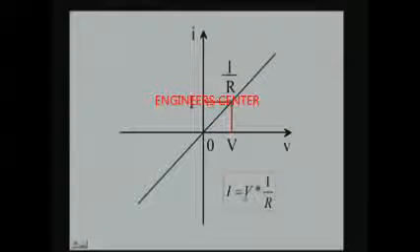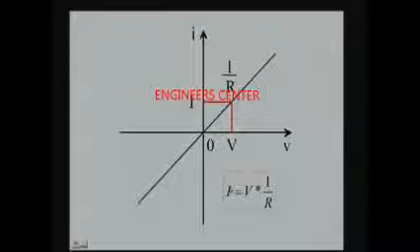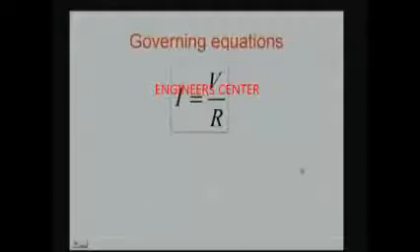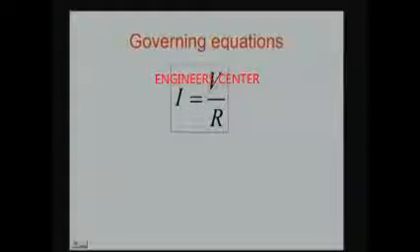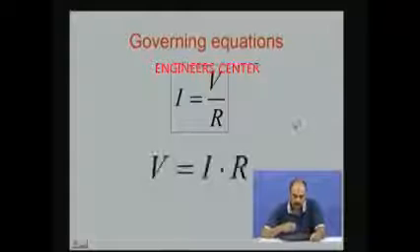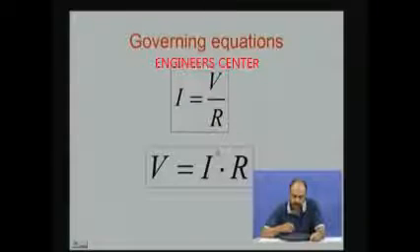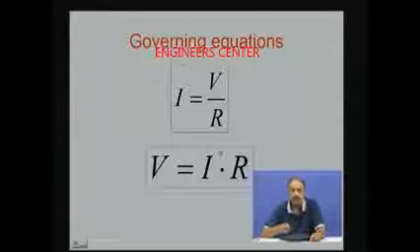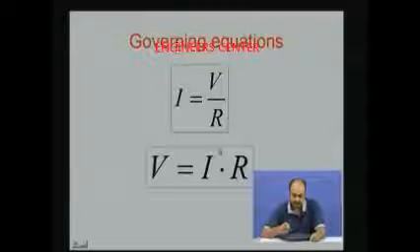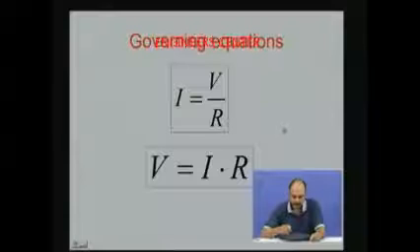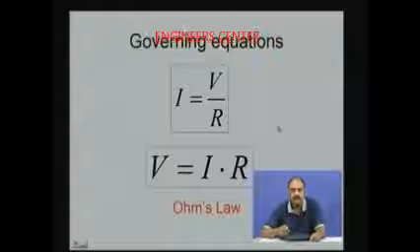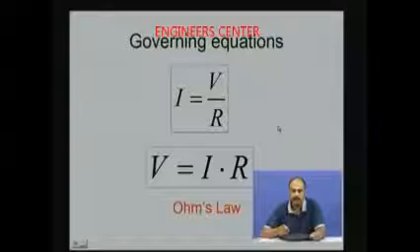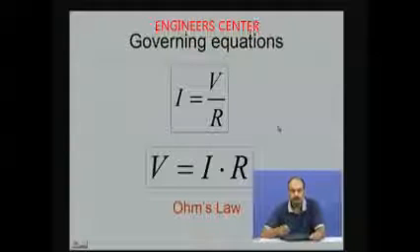That becomes the governing equation for the resistor, I equals V by R, or it can also be written as V equals I into R. It is basically the same equation, algebraically represented in a slightly different way. This is called Ohm's law, one of the most fundamental laws in electrical engineering, which you will be using almost throughout your life.